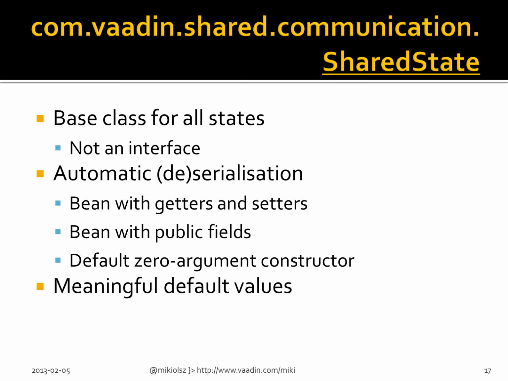There shouldn't be any logic. It should be just a placeholder for information. And we do that by either getters and setters or public fields, and there has to be a default no-argument constructor, because it has to be created on both sides. And of course meaningful default values, so there shouldn't be any nulls in the state unless you really want to have the null value, for example, there.